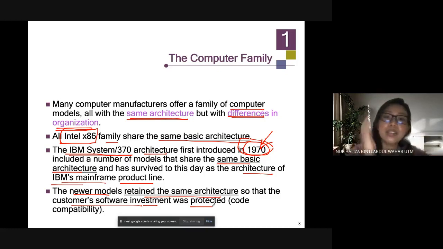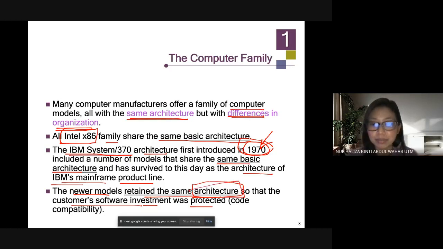They are using one architecture, but throughout the years, Apple changes the architecture. That's why sometimes when you have an old version of a phone, there are certain applications you cannot update or use. This is because the architecture is different.